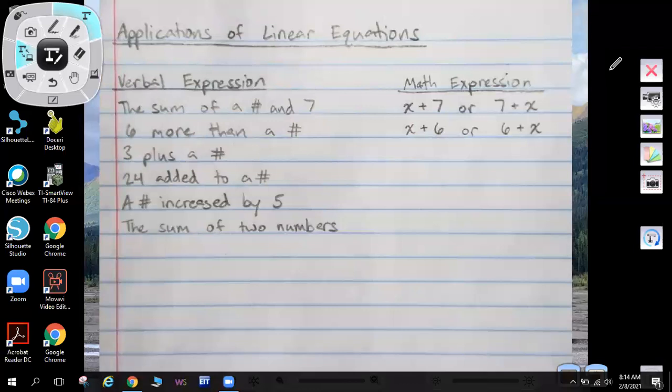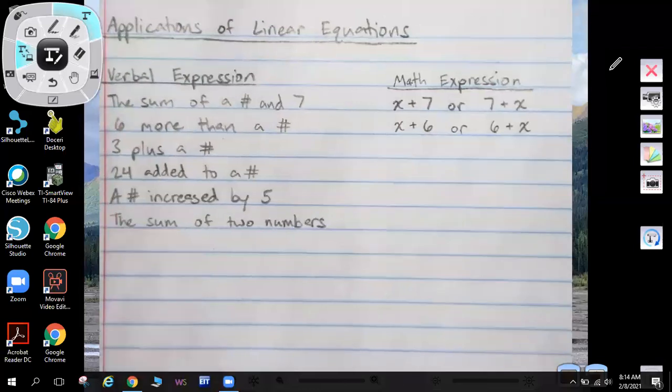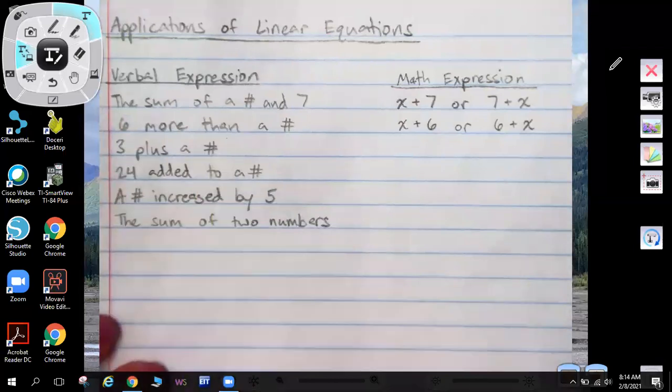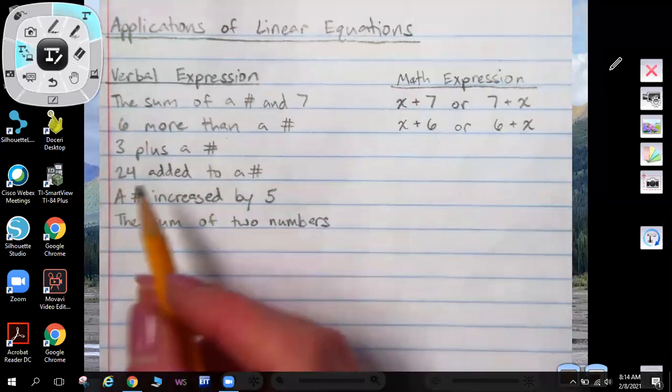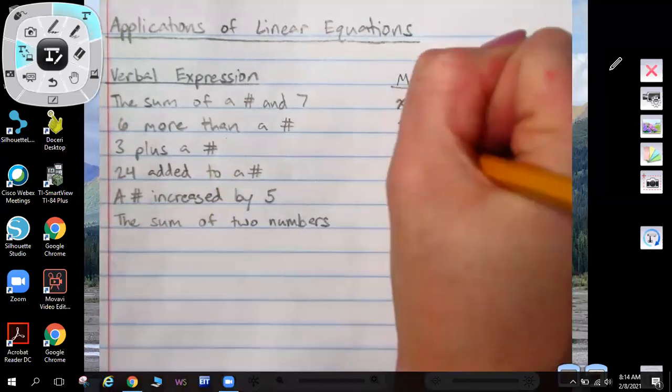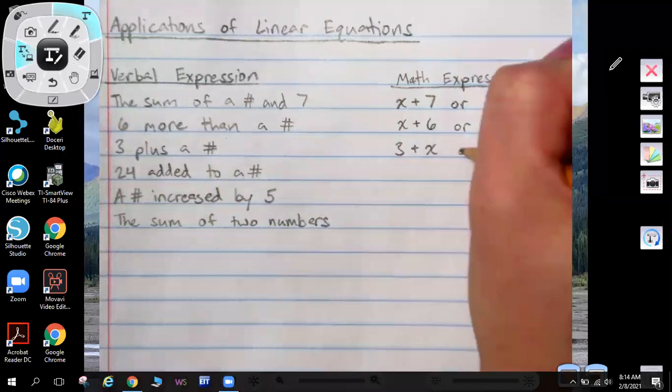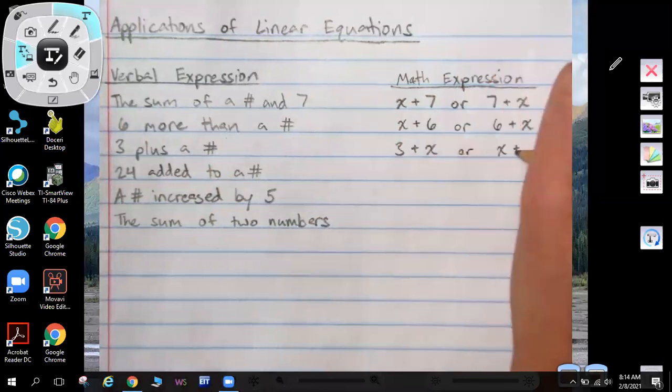Okay, let's go back and look at the math expressions for these verbal expressions we just wrote. 3 plus a number. Hopefully that one's pretty simple. When we don't know what the number is, we use a variable. So we'll write 3 plus x. And because this is addition, we can also write it as x plus 3.